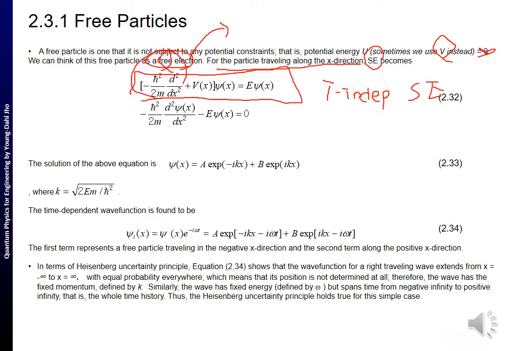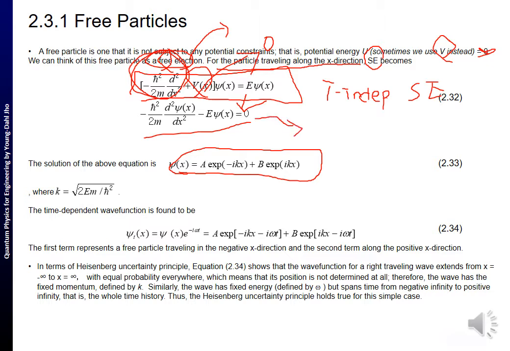So this is the operator corresponding to kinetic energy, and then there is the potential energy part, which is set to be 0. Then the previous equation is simplified like this. The solution of the above equation is this one.